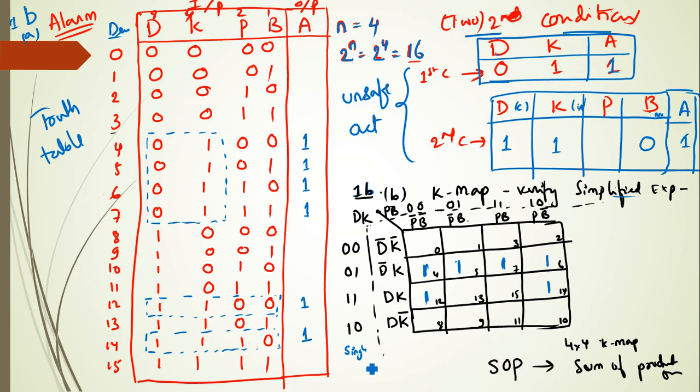Then you can do pair grouping, which is twos, quad grouping, which is fours, and octet grouping, which is eights. Even a 16 grouping is possible in principle, but not here. You can go up to octets.